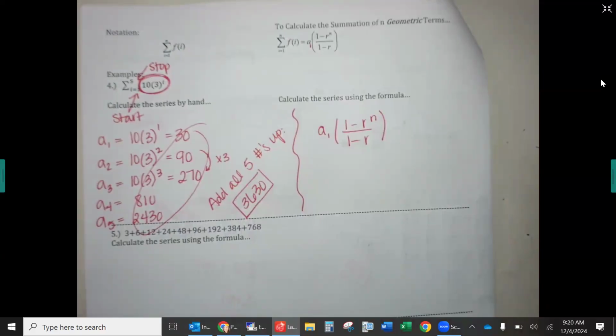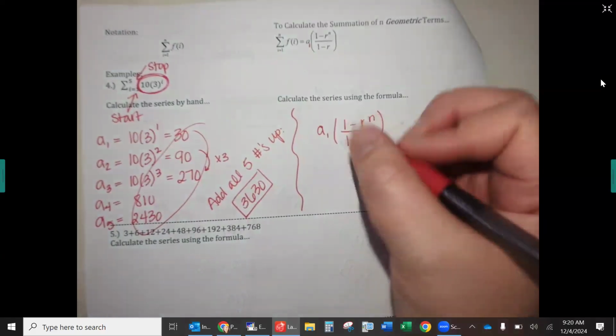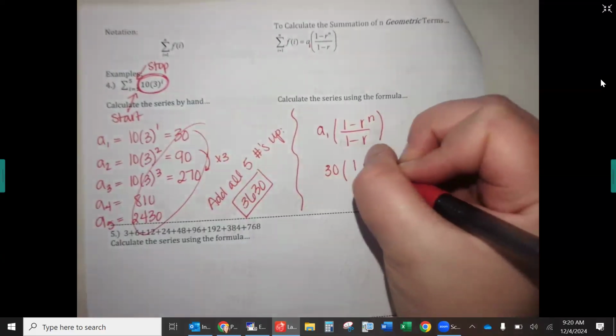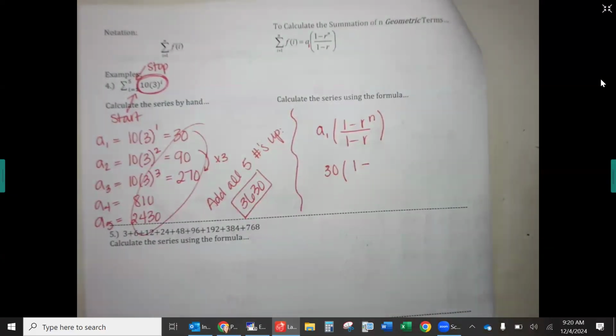Now remember that R is what you're multiplying by each time. So in this case, what's my R for my pattern? 3. And what's my A1 or my first term in the list? 30. Very good. So you would do 30 parentheses, 1 minus, what was my R? Times 3 each time.